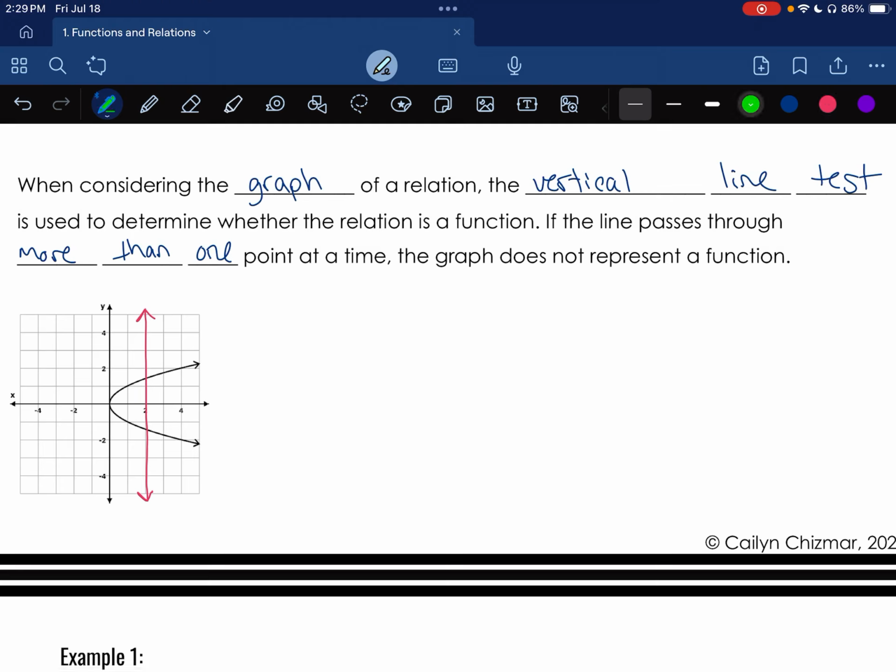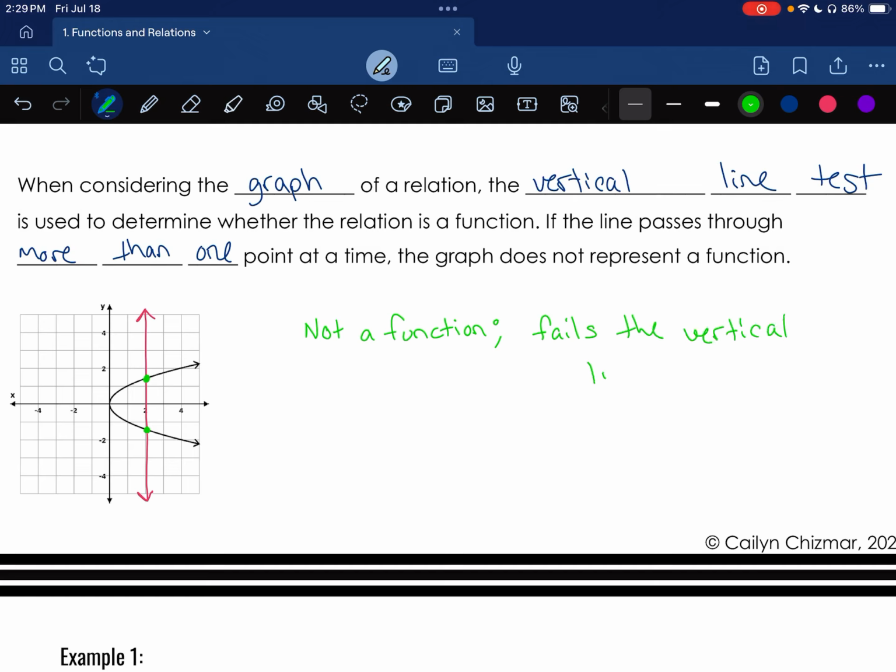Right here, it's crossing right here, and it's crossing right here. And so the x value of 2 has two different y values that it goes with. And so that's why we would say that this is not a function, right? Our evidence here is that it fails the vertical line test.